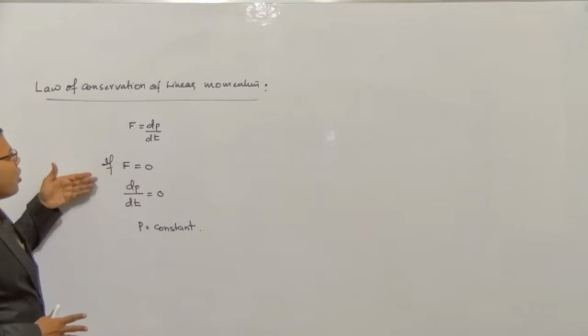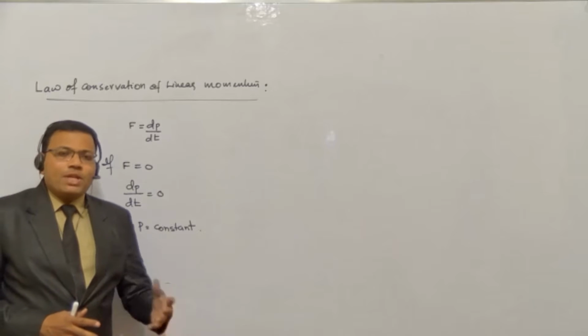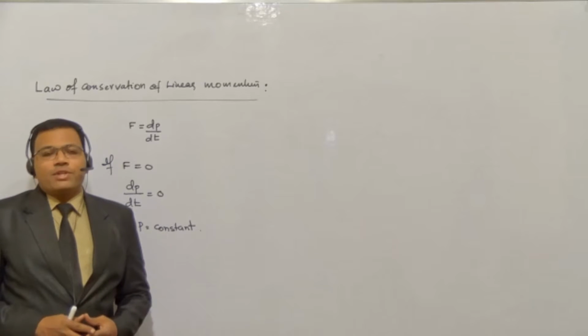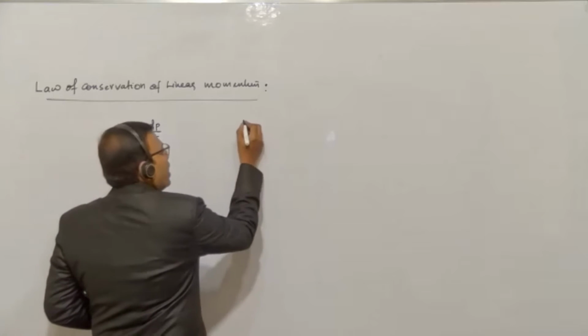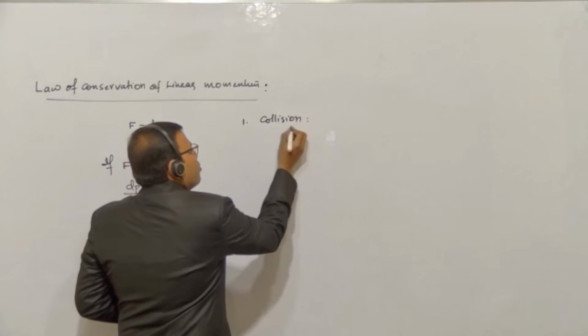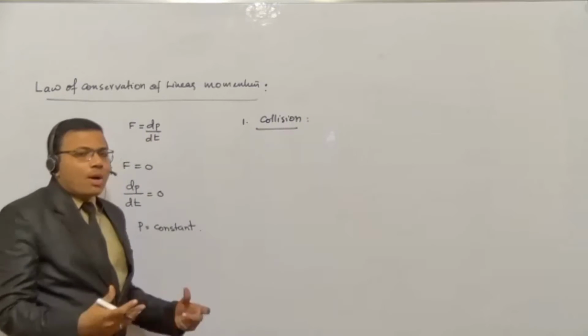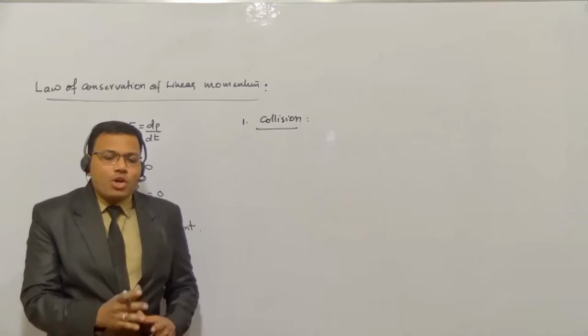Now, this is the law of conservation of linear momentum. Now, students, let us go for the applications where we can apply this law. The first one I am considering is collision. Try to understand collision, how to apply this law of conservation of linear momentum before collision and after collision.